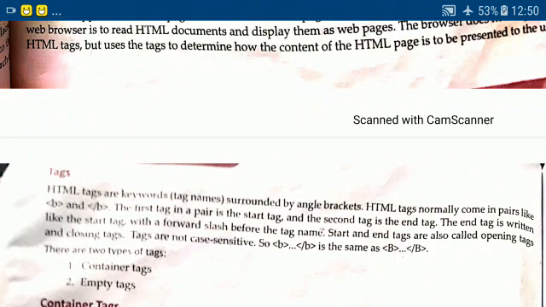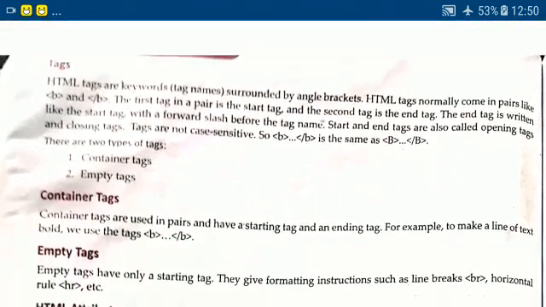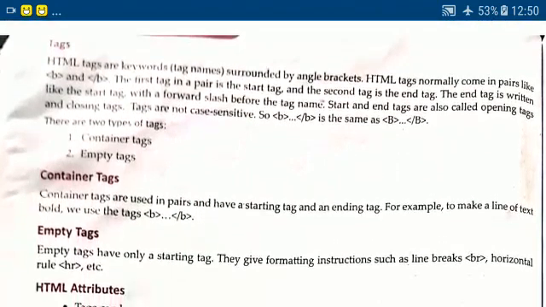There are two types of tags. First is the container tag, another is the empty tag. What is a container tag? Container tags are used in pairs and have a starting tag and an ending tag. For example, to make a line of text bold, B means bold. We use the tags open angle bracket B close angle bracket.